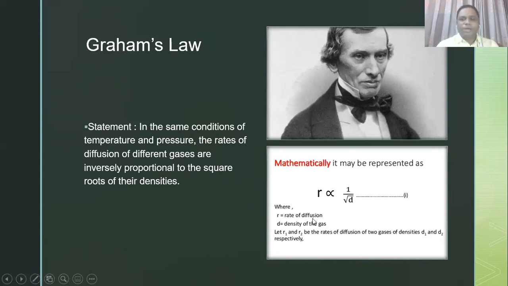If we consider R is the rate of diffusion and D is the density of the gas, then R is inversely proportional to the square root of density. So we can show the concept of the law like this. R is the rate of diffusion, and D is the density of gas.